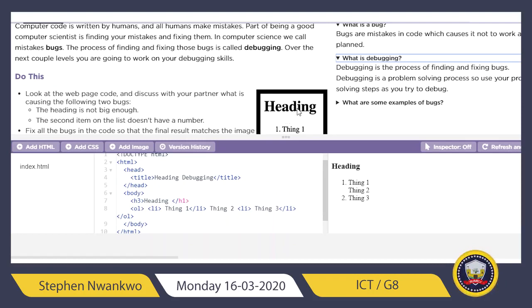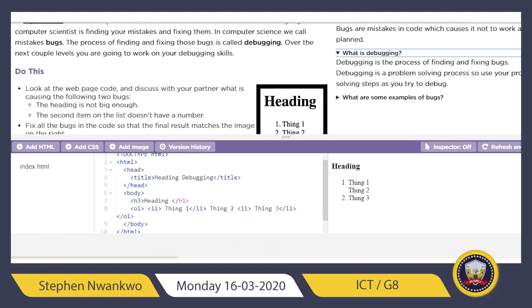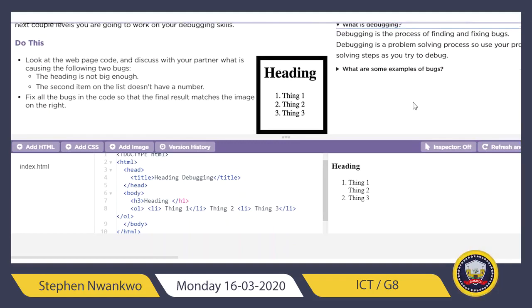Now this is the heading that was given. Over here, the heading is not big enough. It's a bug. The second one, the second item on the list doesn't have a number. Where is the second item on the list? This is the second item on the list, number 2, but over here it doesn't have a number.